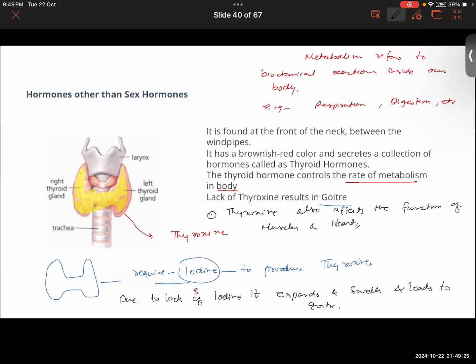That's all about this thyroxine hormone. I'm going to put the screenshot in the chat box. You guys can make notes of this after the class. Just one minute. I can't see you guys in the chat box. Let me drop a message or make a quick call, because if I drop the screenshot, only I will be able to see it. You won't be able to see it.